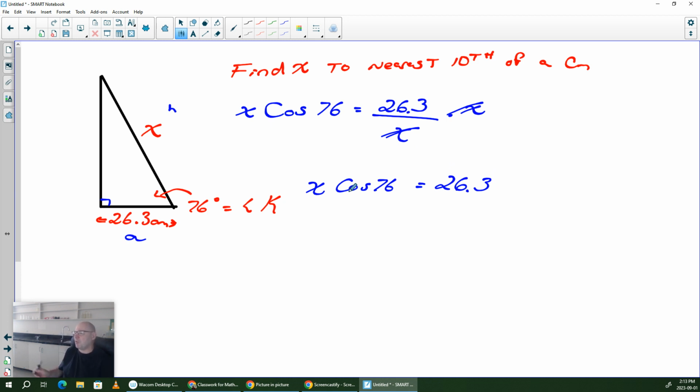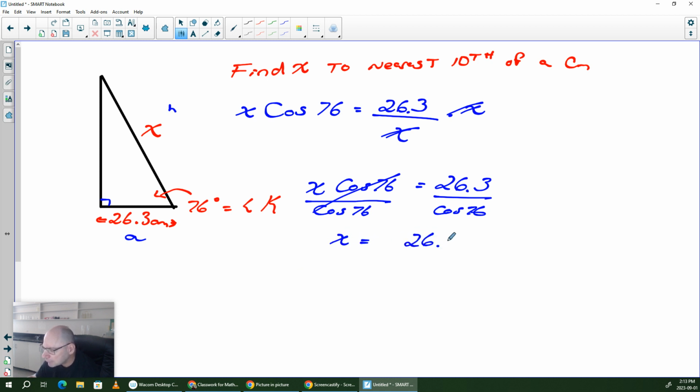Now we have to get the x by itself, so we do that extra divide again. This divide is cosine 76 on each of these. And we're left with x is equal to 6.3 over the cosine of 76, which I'm going to plug into my calculator at this time.